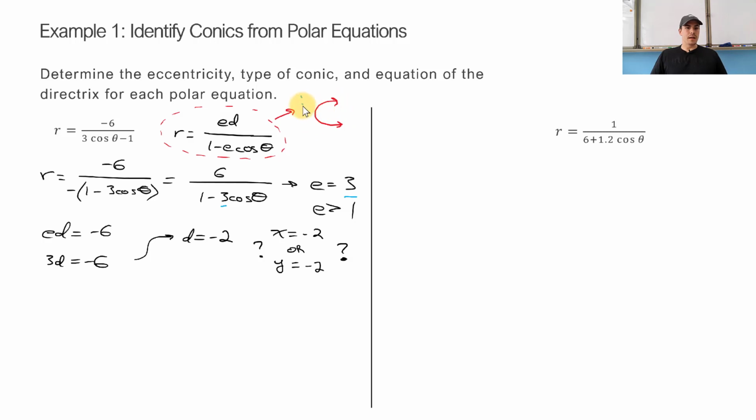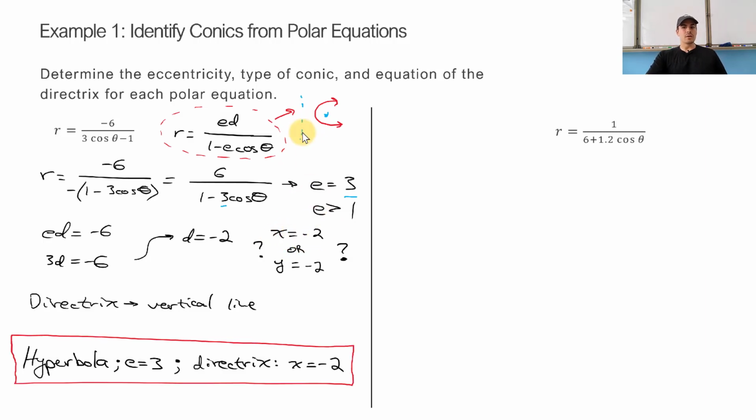If this is my pole here, my directrix is going to be on the left side of the pole, so it's going to be negative. And what is a vertical line? A vertical line is x equals something, right? Since that is a vertical line, I know that my directrix will be x equals -2, and we have a hyperbola with an e value of 3. So that's how you do a problem like that.